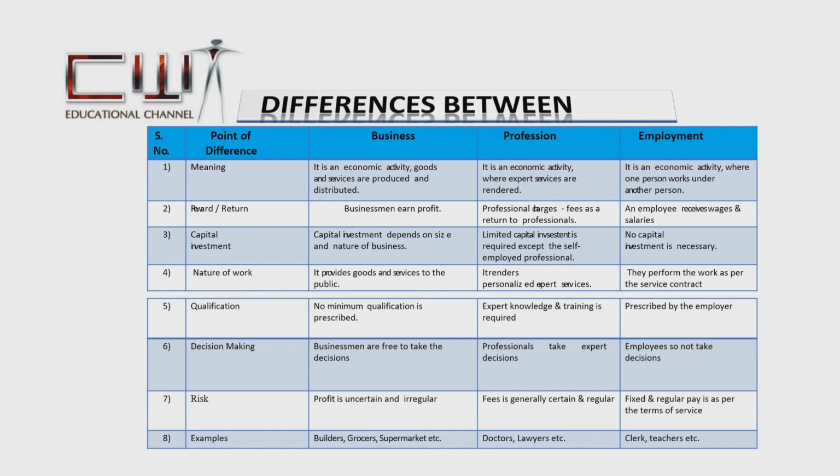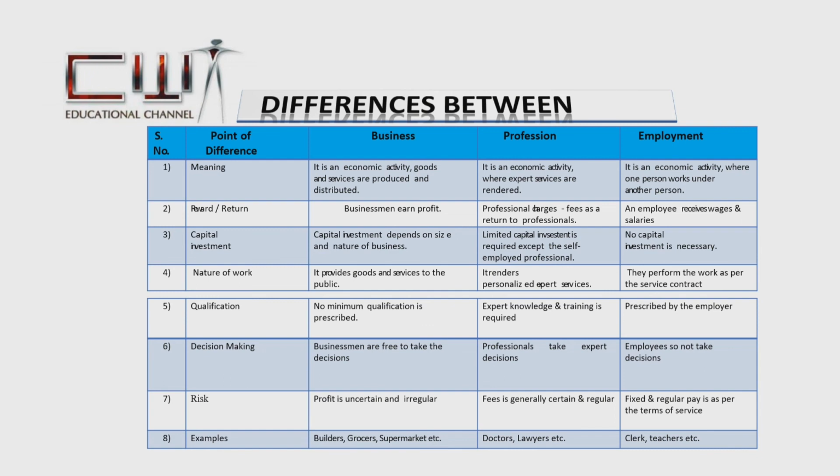And under employment, it is prescribed by the employer. Under business, businessmen are free to take the decisions. Under profession, professionals take expert decisions. Under employment, employees are not allowed to take decisions. Only few decisions they may take, but major decisions are taken by the employers only.